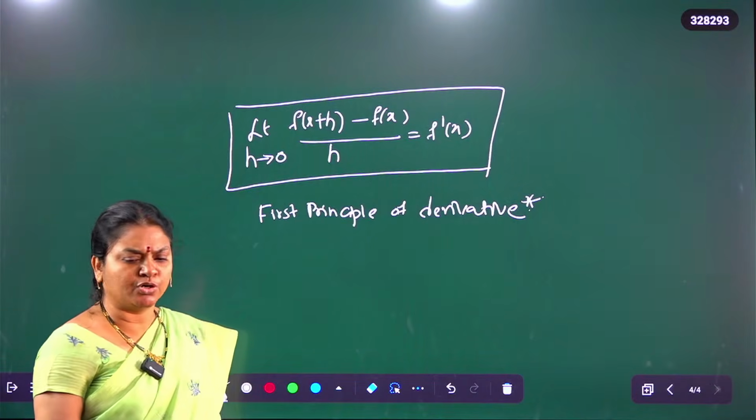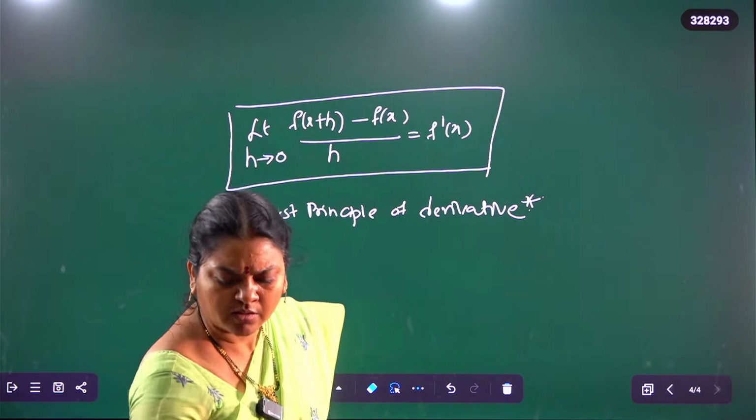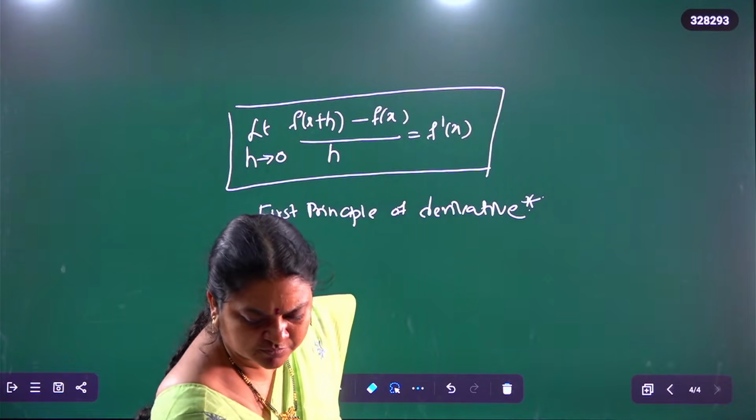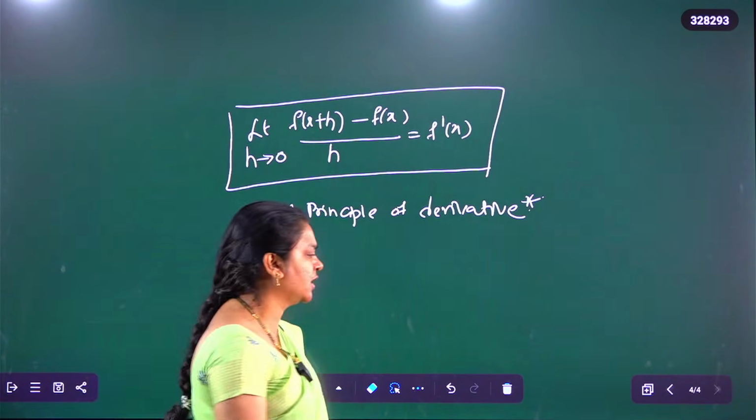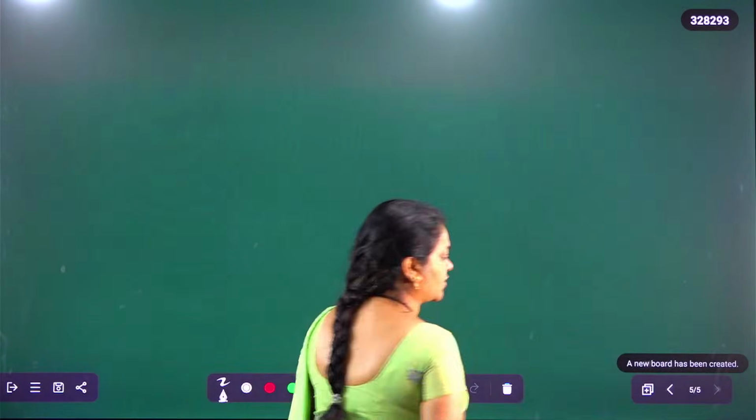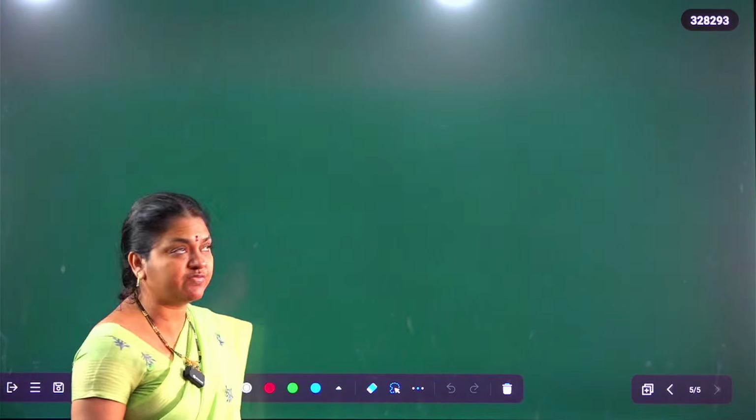Now coming to the next one. Here we will see some problems based on this first principle. First we will do some problems.